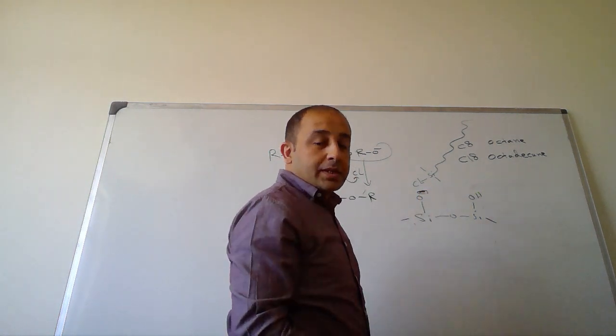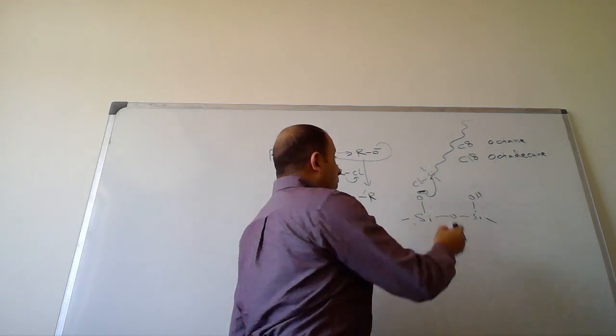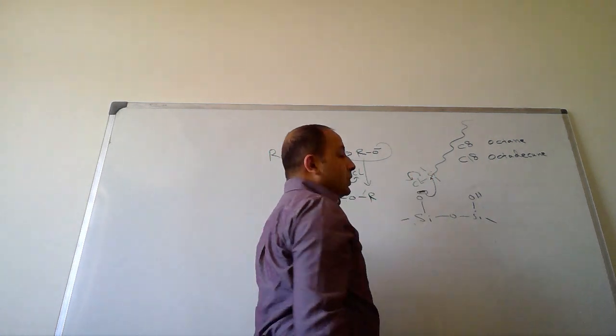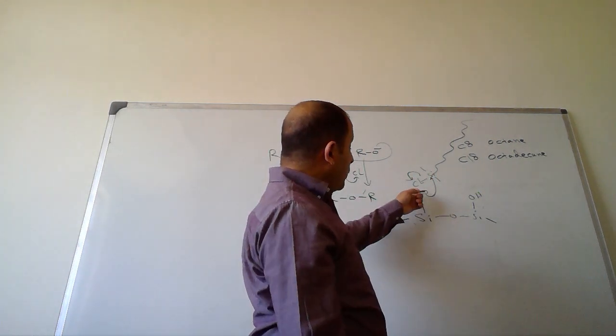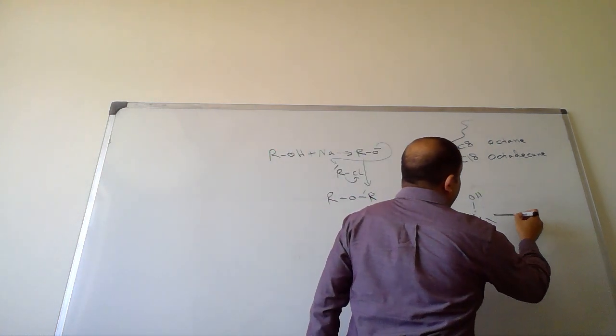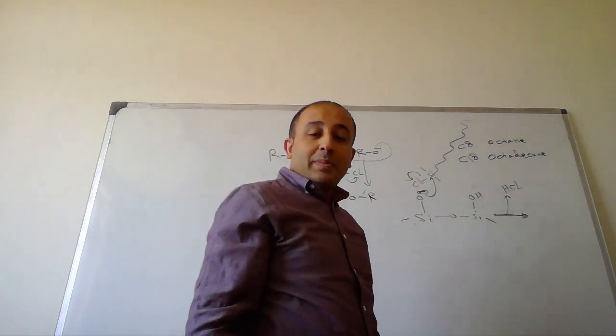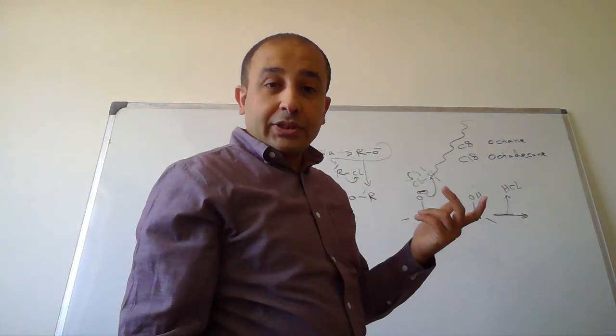Now this anion will attack silicon and the chlorine will be removed. So the chlorine and hydrogen will leave the reaction.